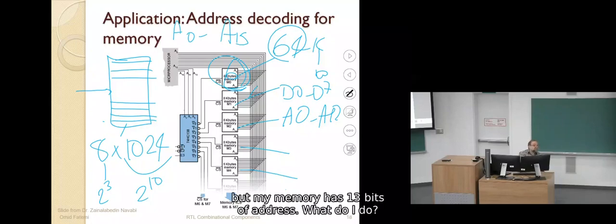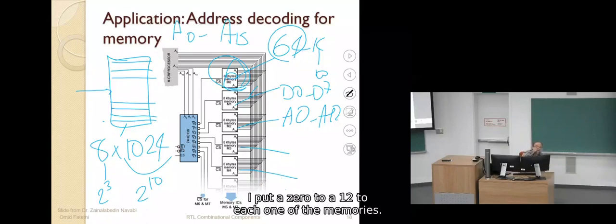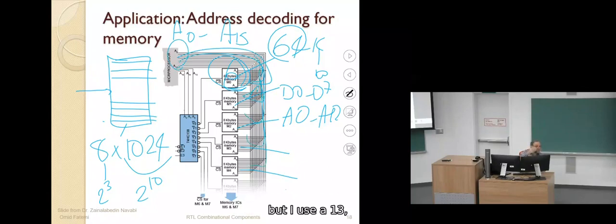But my memory has 13 bits of address. What do I do? This is the application of the decoder. I put A0 to A12 to each one of the memories. But I use A13, A14, and A15, the most significant bits of my address, to select one out of these 8 memories.